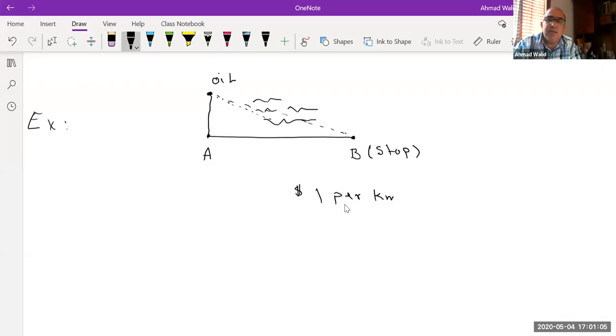Sorry, I used kilometer, the standard metric notation. I know it's difficult in the US, but still we do kilometers in the US. And the ocean. If it costs you $1 per kilometer in the ocean, let's say the cost will be half of the price per kilometer inland.